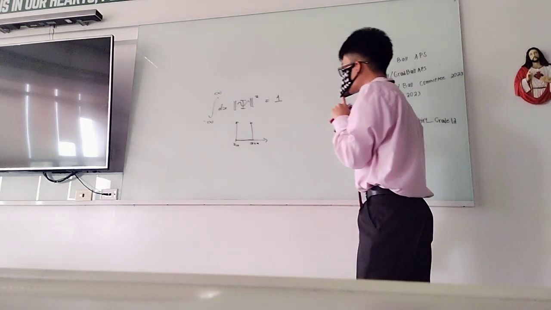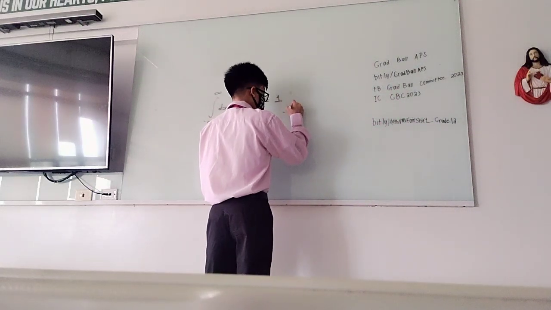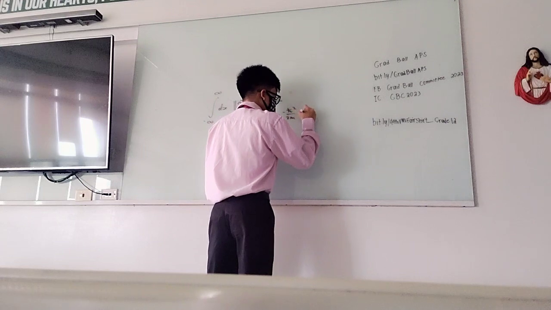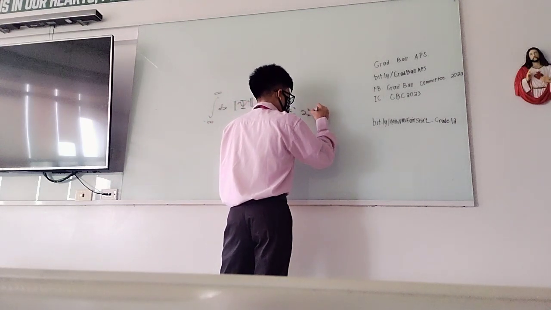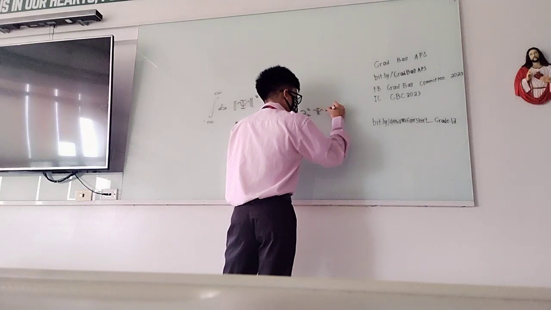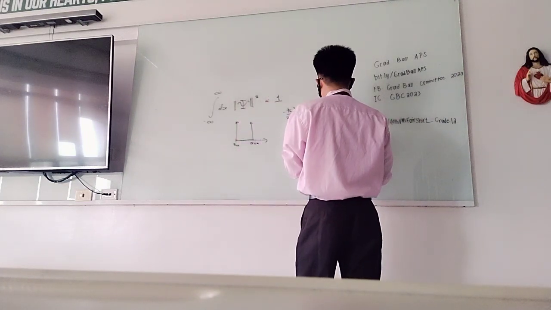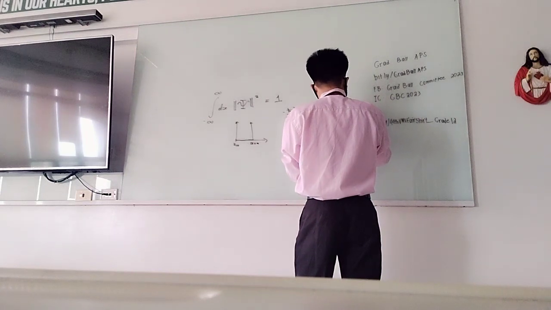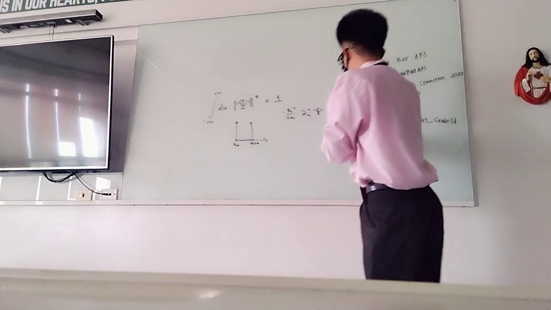So if you crunch in the numbers, of course you have to satisfy the equation minus h bar squared over 2m times the second spatial derivative of our wave function equals i h bar times the temporal derivative of our wave function. That's just the energy operator.